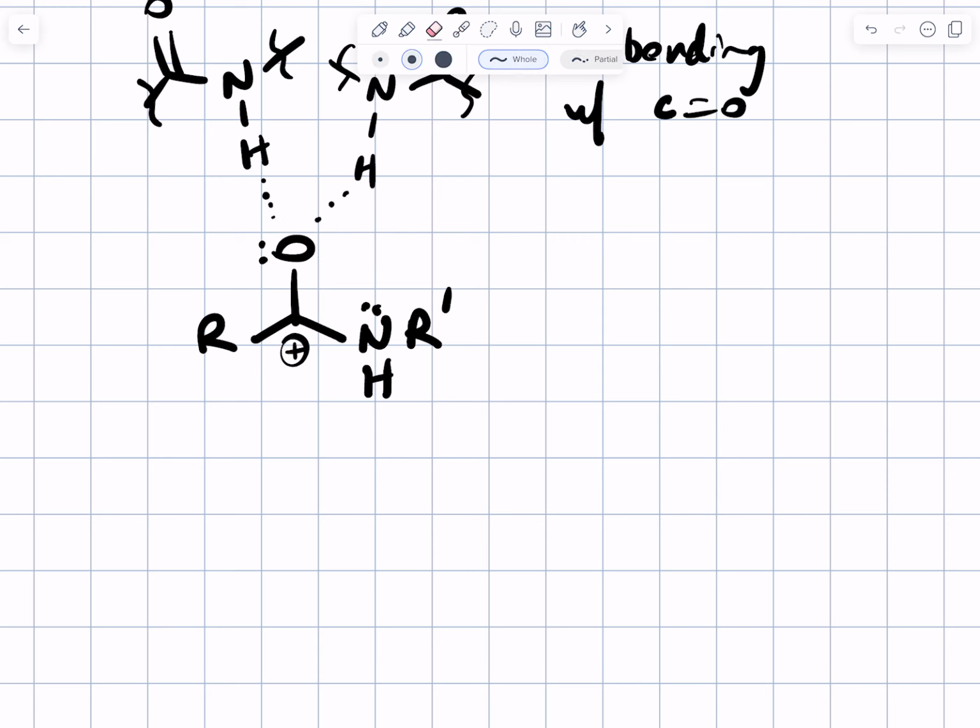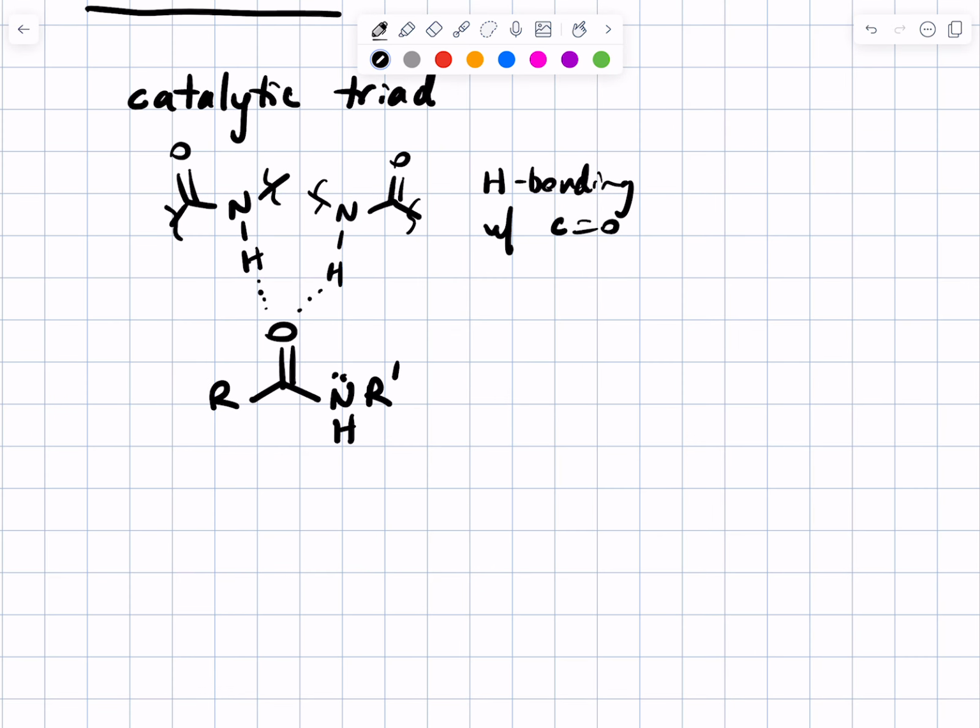The other thing that's going to do is remember what a tetrahedral intermediate looks like. It has a negative charge on that oxygen, so the hydrogen bonding stabilizes the negatively charged tetrahedral intermediate. You'll learn about this when you take biochemistry. This setup of hydrogen bonding is called the oxyanion hole. It's a little pocket that the carbonyl oxygen sticks into with hydrogen bonds in it that stabilizes it.